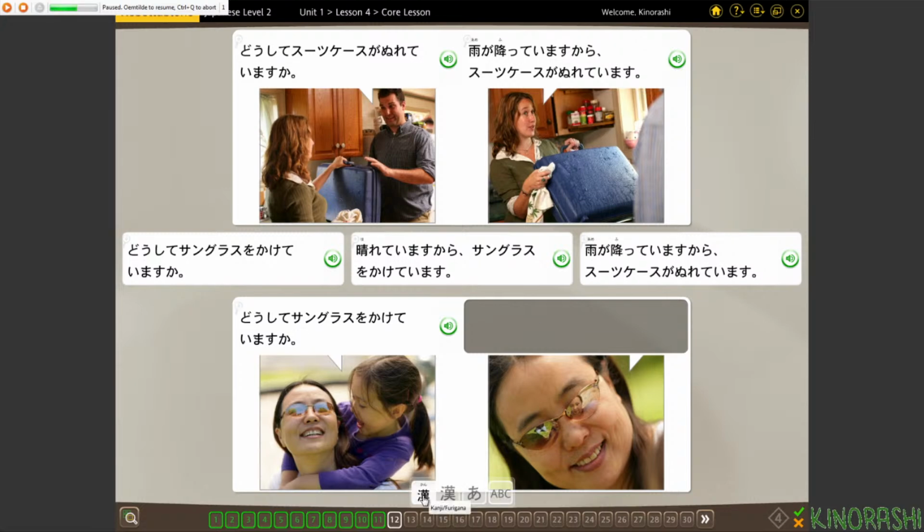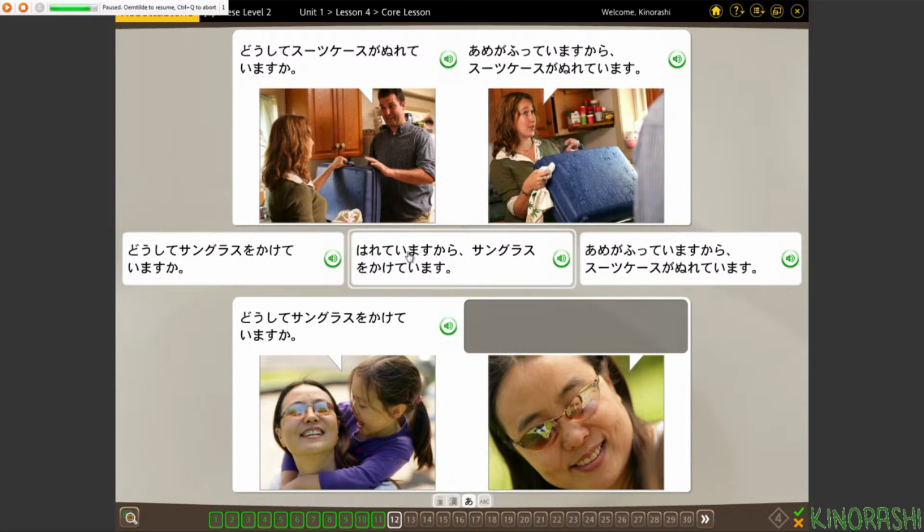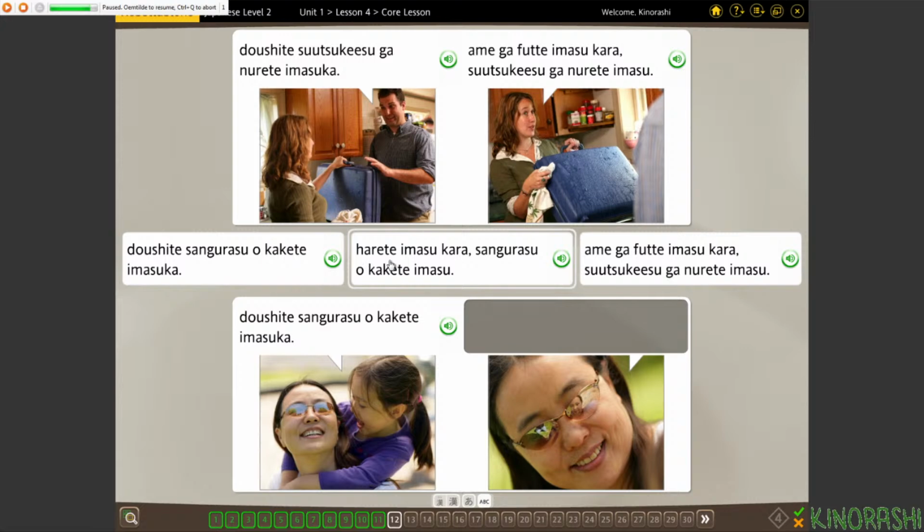あら、晴れてますから。What? 晴れて. Okay, so that's just a conjugation of 晴れ.